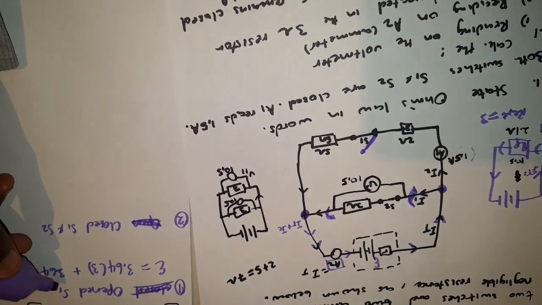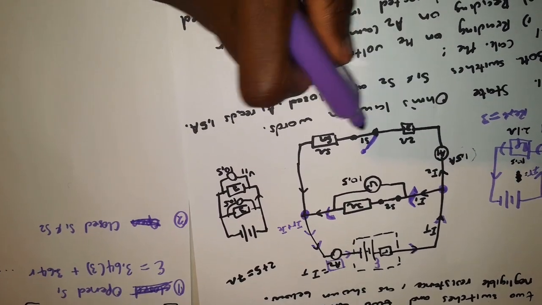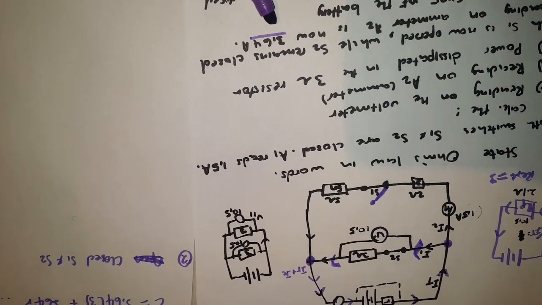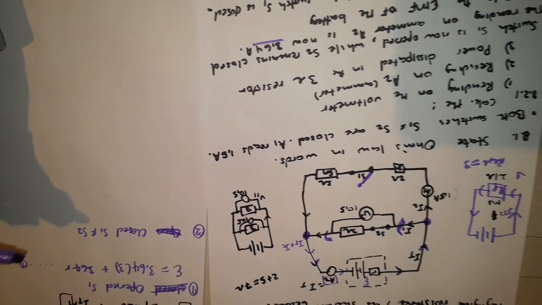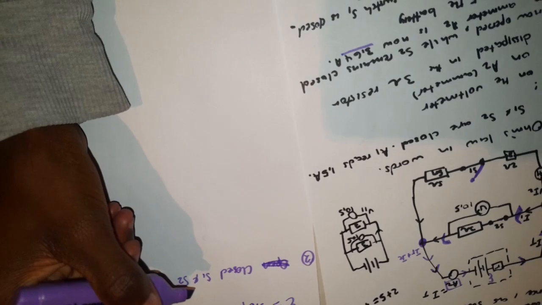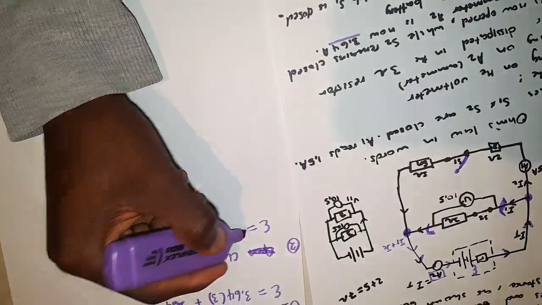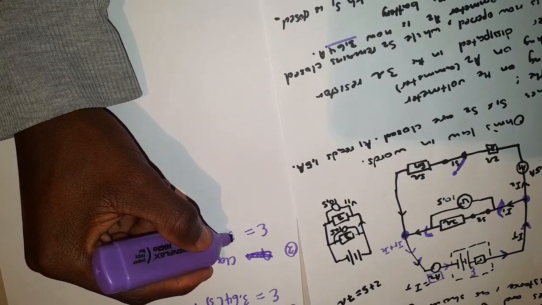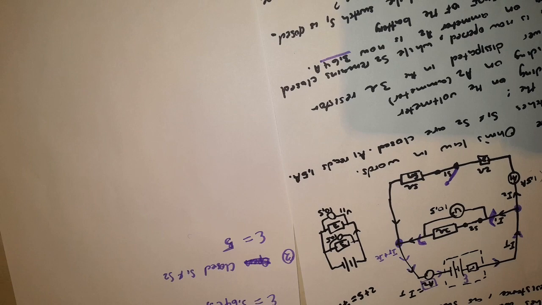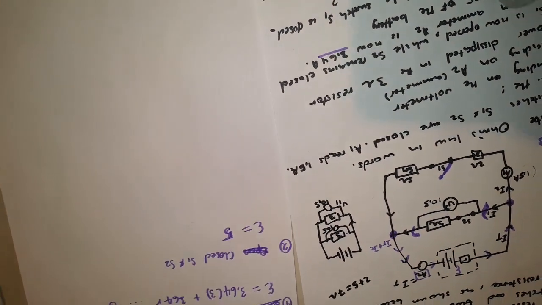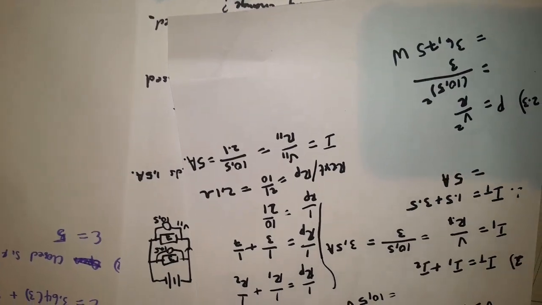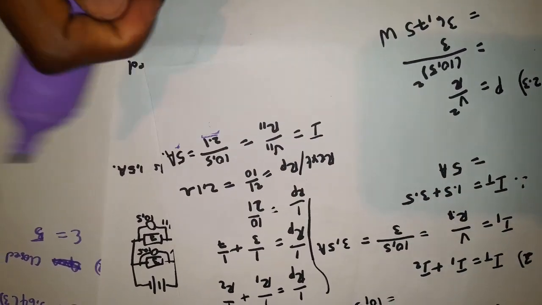You can remember that S1 opened is the one whereby the ammeter reading decreased. So now E is equal to, sorry, it's 5 here. You remember the one we solved recently? It's 5.